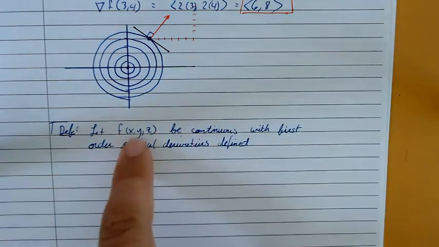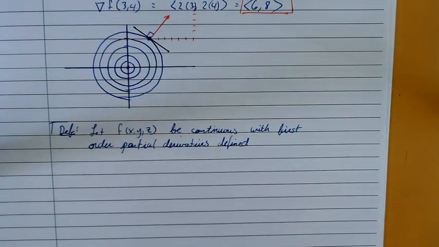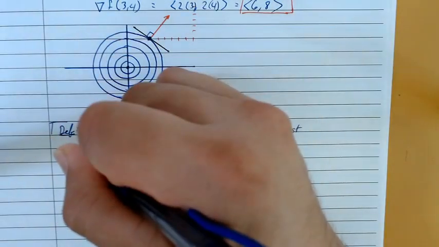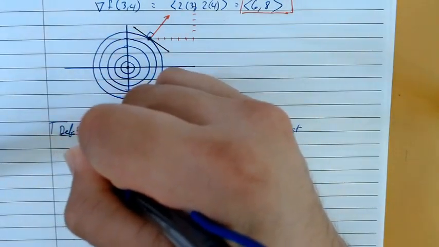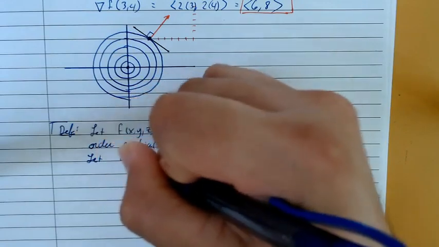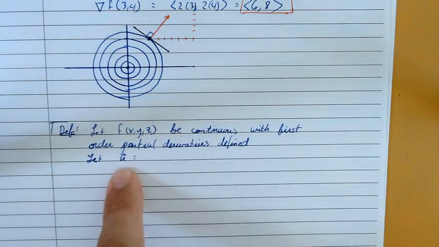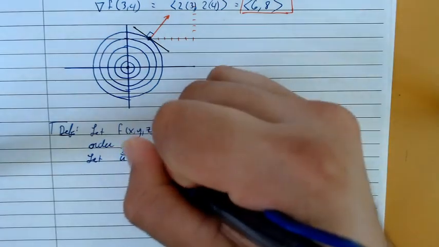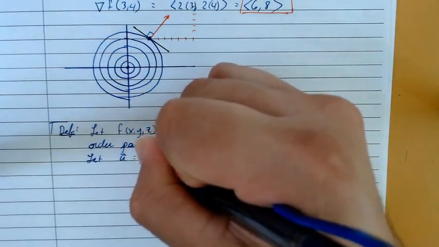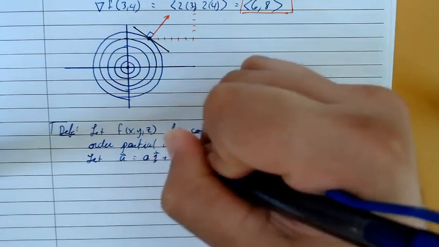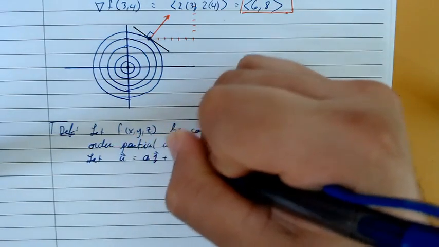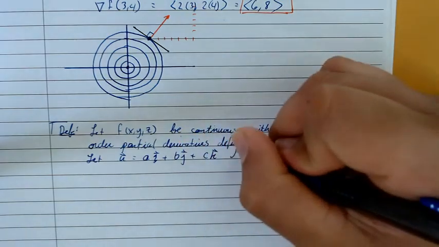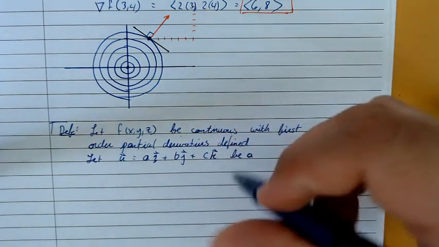All right, so we know what f sub x, f sub y, and f sub z are. Let u be some vector, and we notice the notation, we're talking about a unit vector. Let u be a i plus b j plus c k be a unit vector.